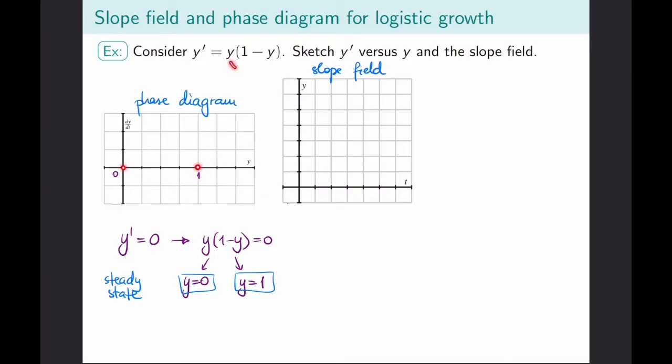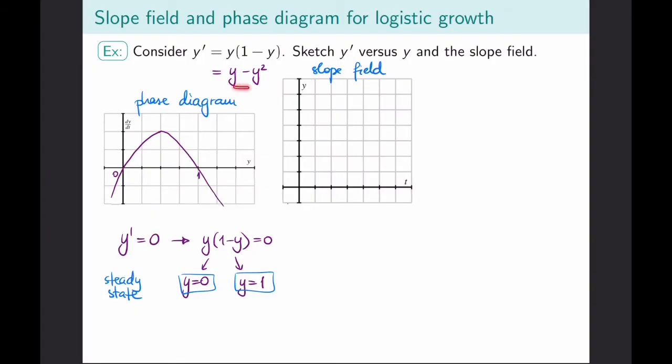Now, I can open up the brackets to be able to tell the shape of the graph a little bit easier. So if I open up these brackets, y minus y squared, I can see that what I have is a quadratic equation, which means it's a parabola, and there is a negative coefficient in front of y squared, which means it's an upside down parabola. If it has to go through these 2 points, I know that the maximum will occur exactly halfway in between, so I can sketch my parabola shape fairly accurately, like this.